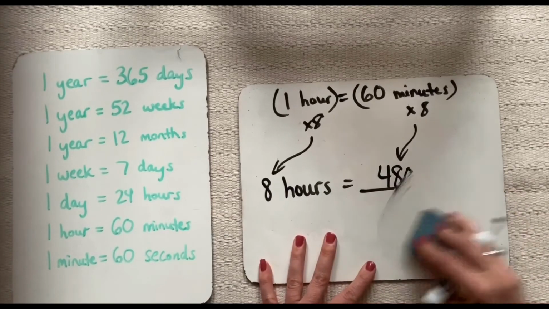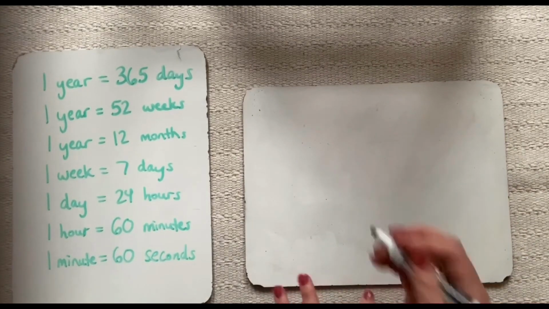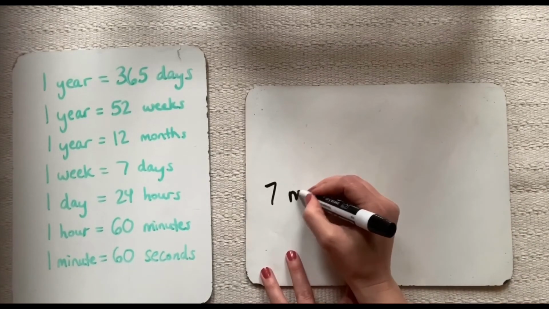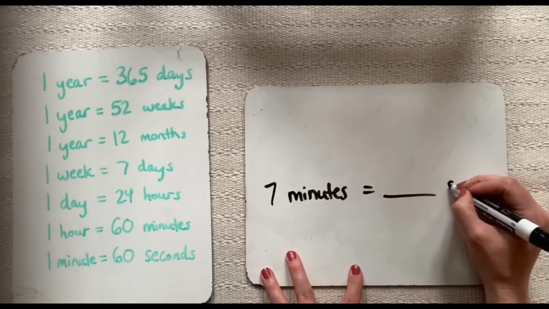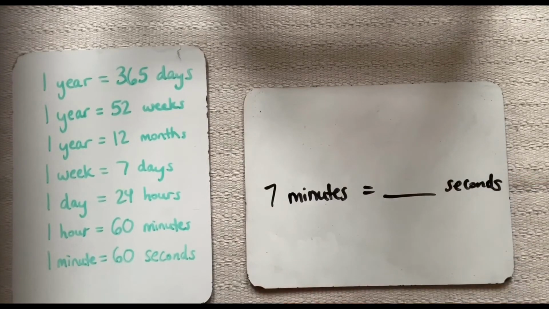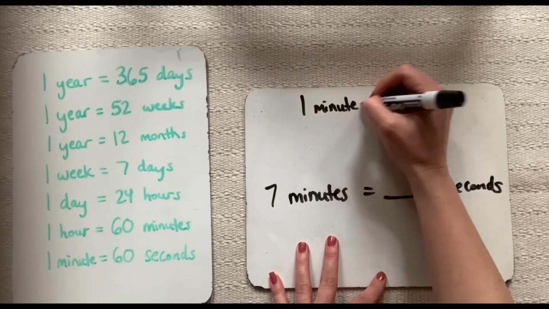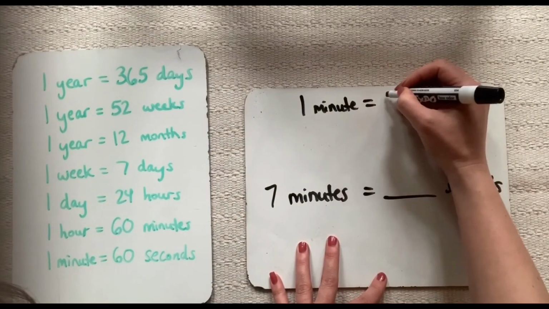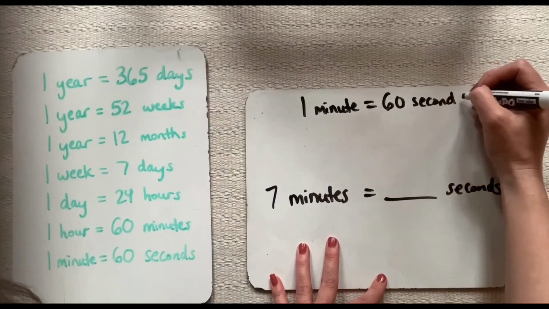And last but not least, one more. 7 minutes equals blank seconds. 1 minute equals 60 seconds.